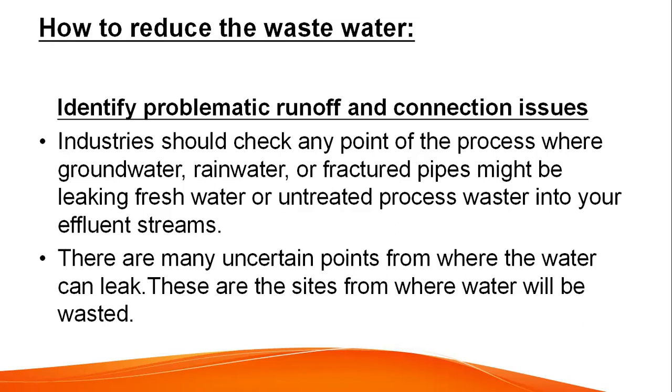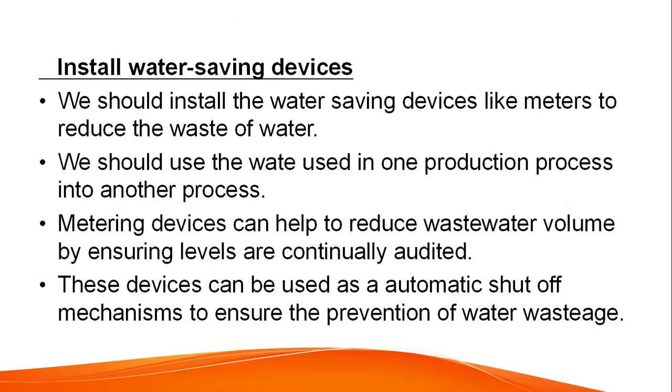So moving towards the next slide, to know what the second step is, how to reduce the water wastage. Install water saving devices. We should install water saving devices like meters to reduce the waste of water. Our first struggle should be to save the water, to make it useful for our generation, for the sake of use by industries.